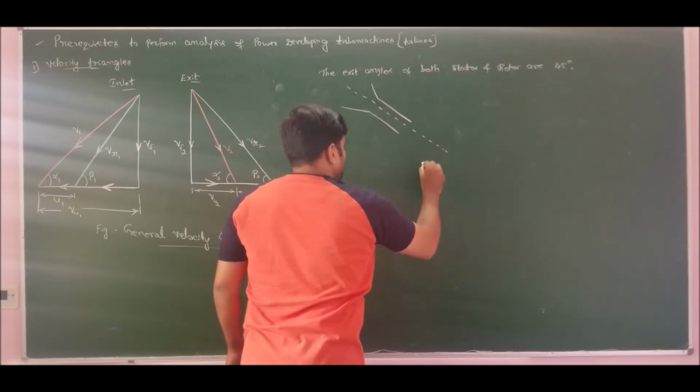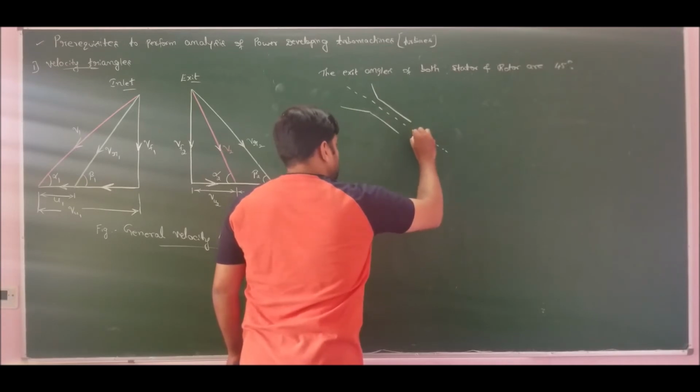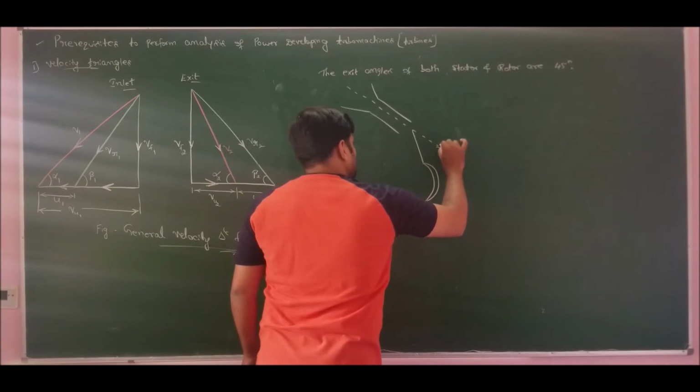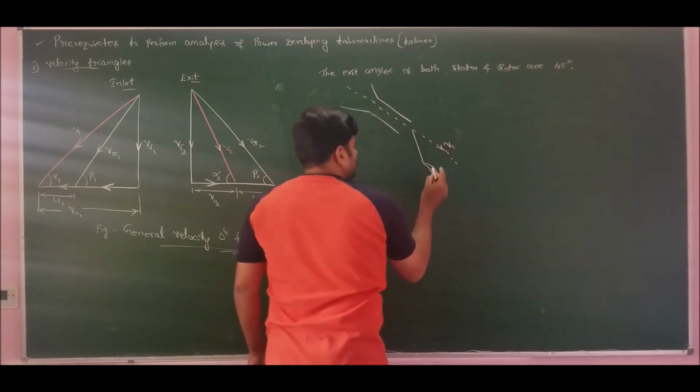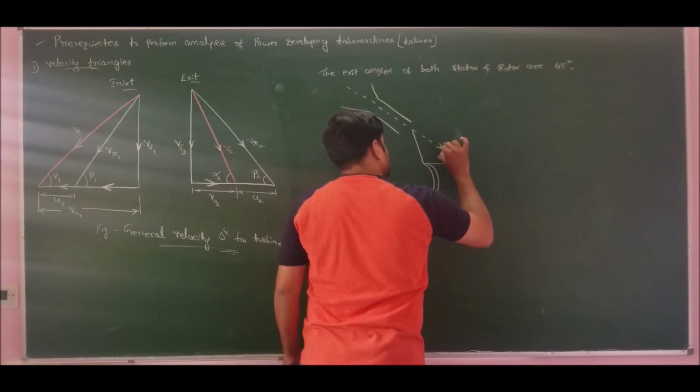Here we will have vanes or a blade on which we get the relative velocity VR. Here we have V1. So this gives us the angle alpha 1. This concept is clearly explained in our lecture 2 itself.